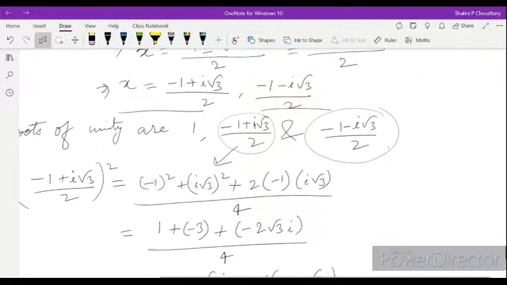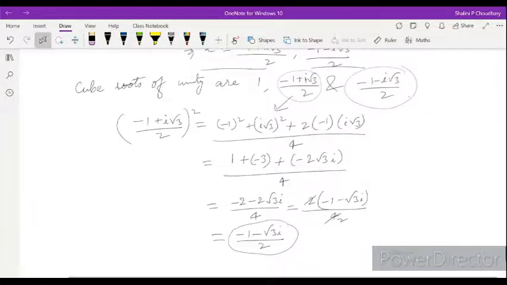Now compare with minus 1 minus i root 3 divided by 2. We can see here that when we find the square of one root, we get the other root. So these two roots which are conjugate to each other, if we consider this one as omega, then this one will be omega square.